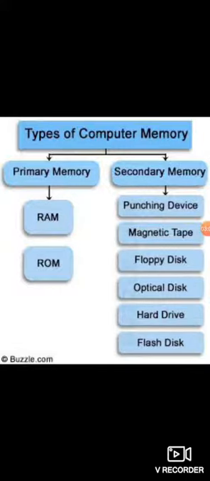Now primary memory can be categorized into two parts: RAM, random access memory, and ROM, read only memory. RAM is the most common type of memory found in computers. RAM holds the data on a temporary basis, meaning it holds data only when we are working.